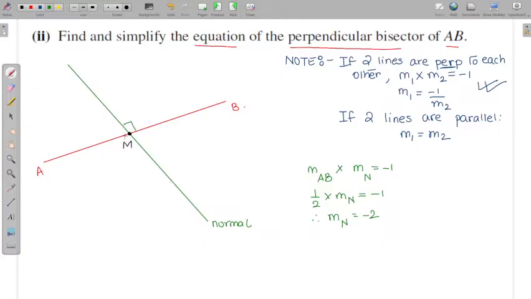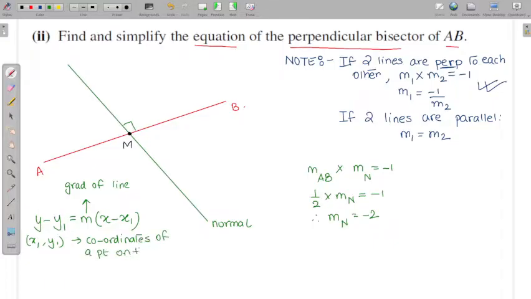Next we need to know the coordinates of this point M, because what is the formula to find the equation of any straight line? It is y minus y1 equals m brackets x minus x1. M is the gradient of that line, and x1 and y1 represent the coordinates of a point on that line.